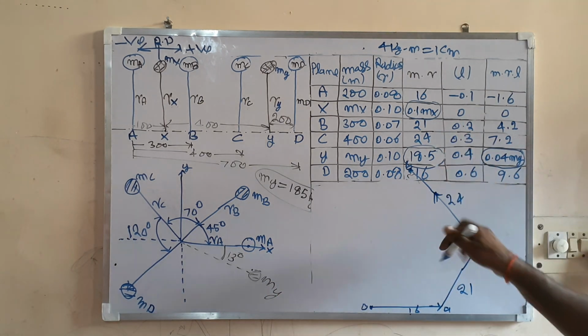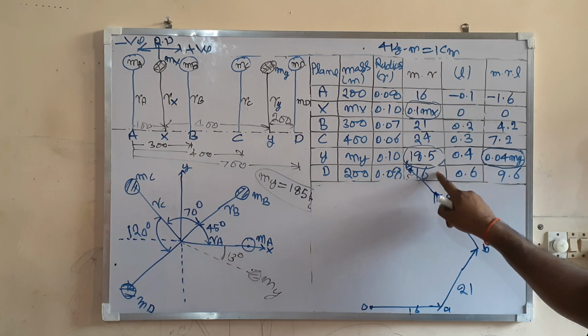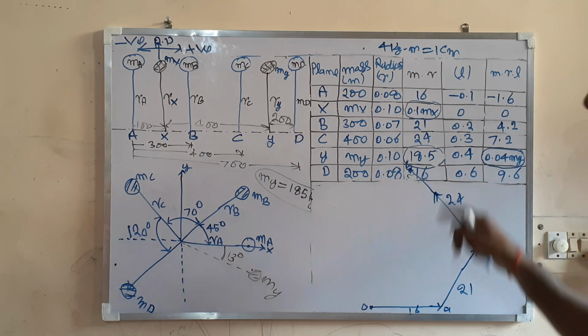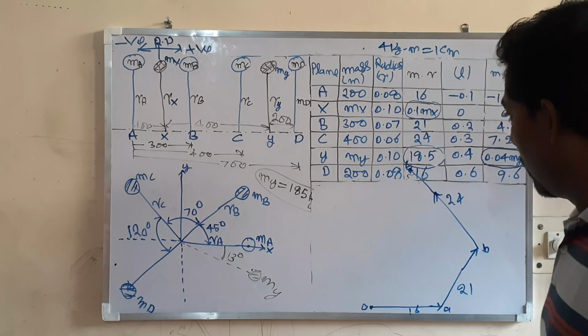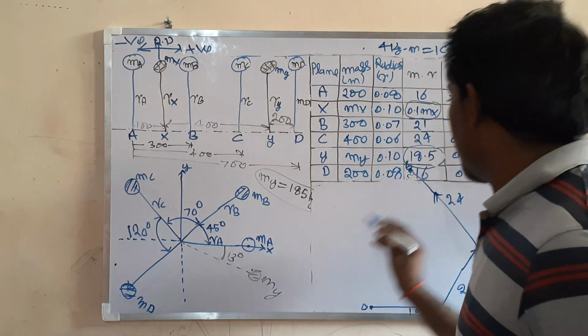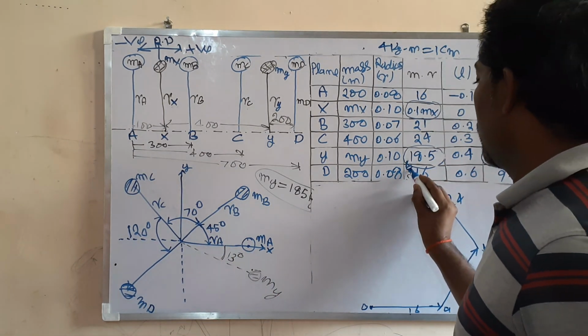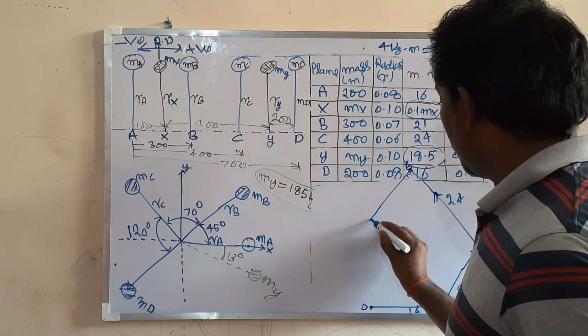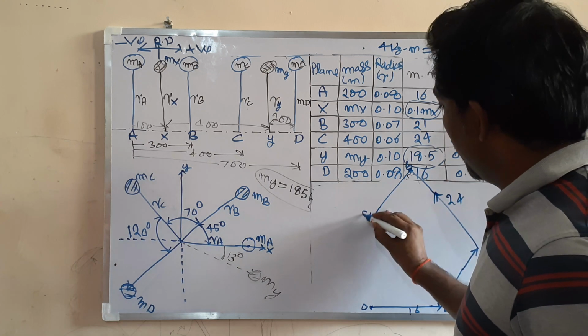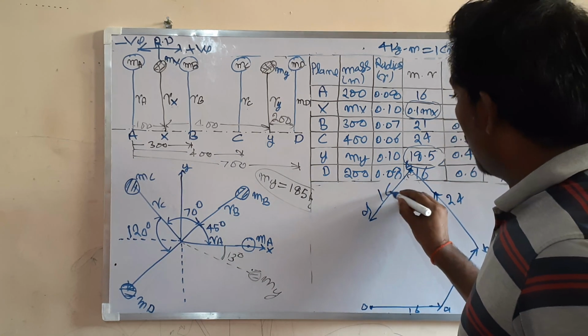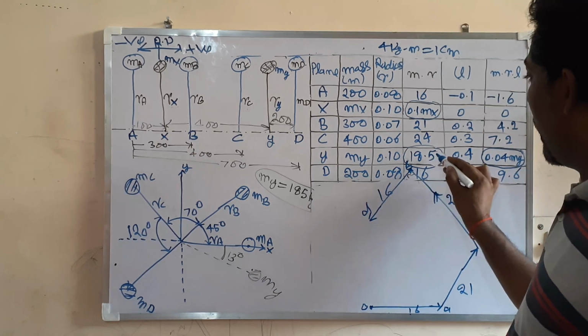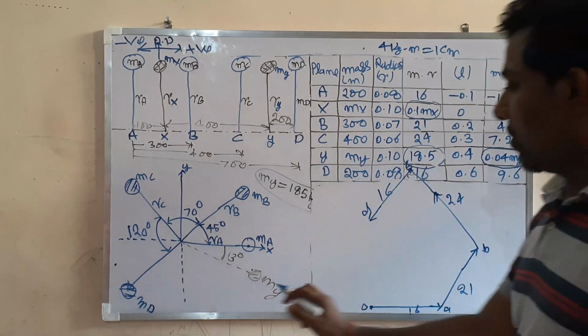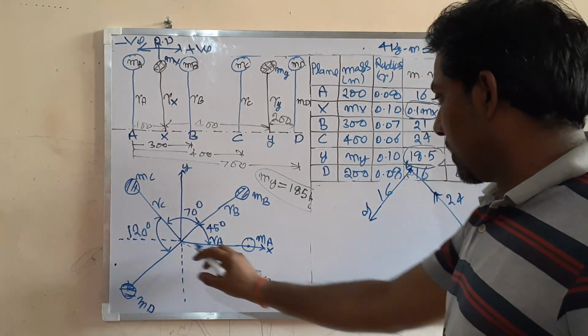First of all, you can draw this known one for D. Let us draw for D first, because that is completely known. This D is along this direction, and its value is 16, so you go here. A, B, C, D. This is 16. This one is remaining. Let us draw for my. The direction of my is in this direction.